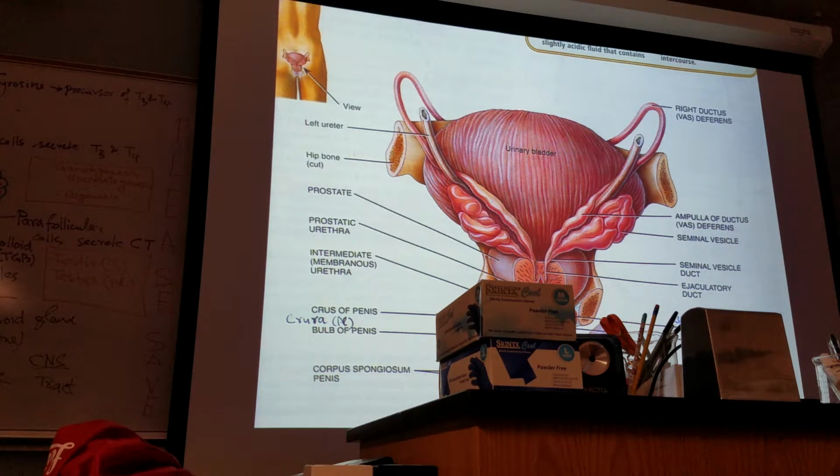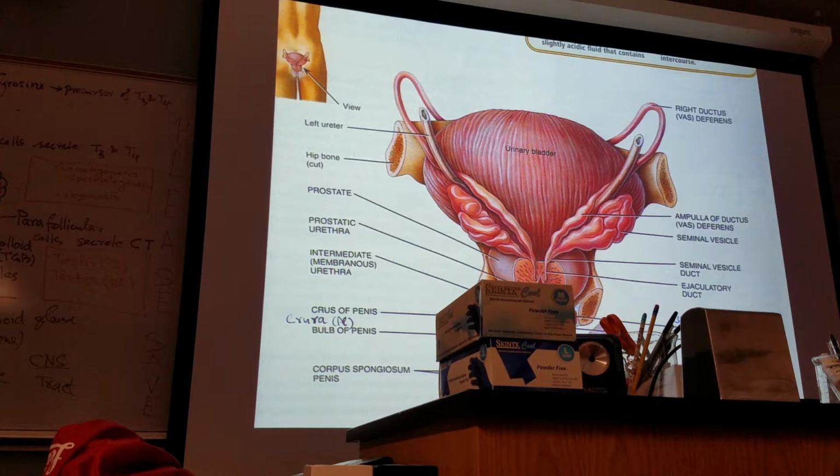This is the prostatic urethra. Now, the prostatic urethra then continues, leaves the prostate gland and becomes the intermediate urethra or membranous urethra through the muscle here, which is the deep muscles of the perineum, also called the urogenital diaphragm.